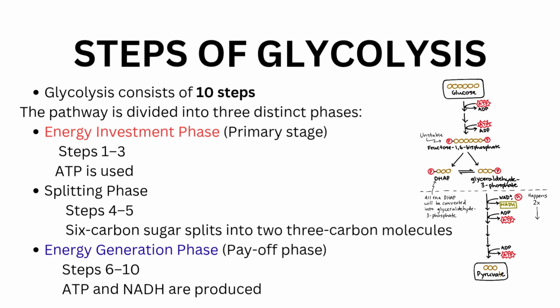So remember, glycolysis has 10 steps arranged in logical sequence, and understanding these phases will make each reaction much easier to follow. Also, I have color coded the sections: where ATP is used, it will be red, and where ATP is generated, it will be blue.